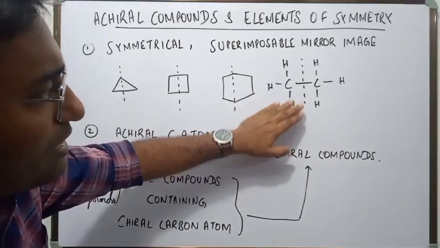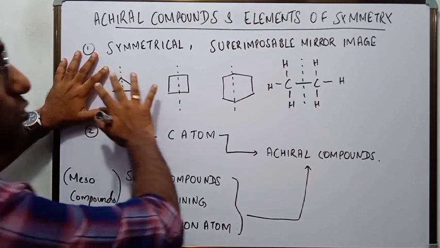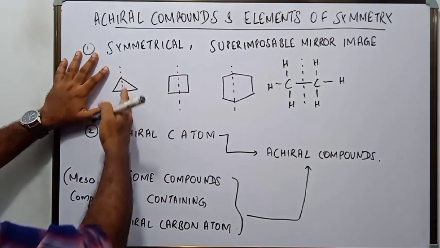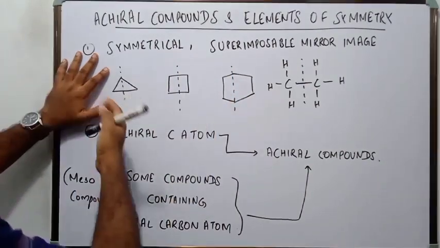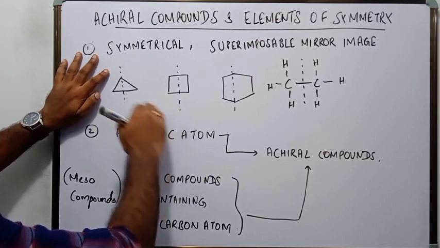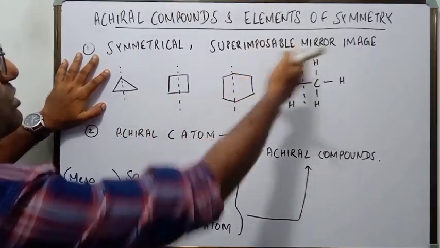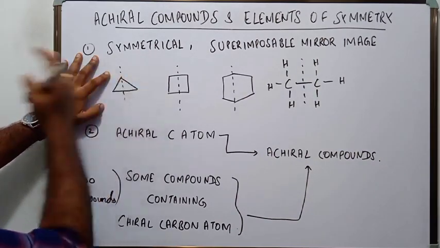This is ethane. So these are all symmetrical compounds because they can be divided into two equal halves by an imaginary plane, right? And if you draw a mirror image, it will have a superimposable mirror image. Am I right? Yes, it will have a mirror image that will be superimposable.